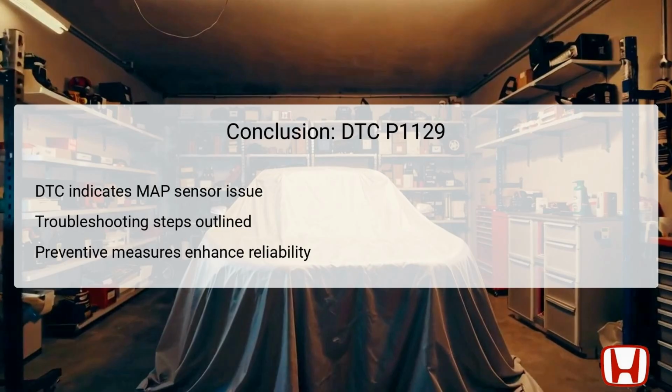Each step is crucial in diagnosing the issue accurately, ensuring that an effective resolution is reached. Furthermore, implementing preventive maintenance measures can significantly bolster the reliability of the vehicle, reducing the likelihood of recurring DTCs. Understanding the implications of this trouble code helps drivers and technicians work collaboratively towards maintaining optimal vehicle performance.